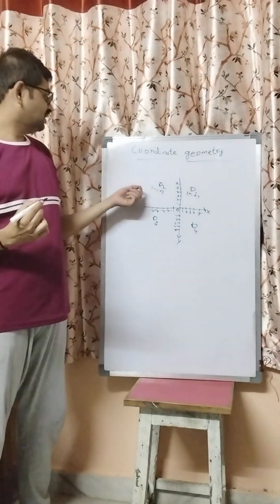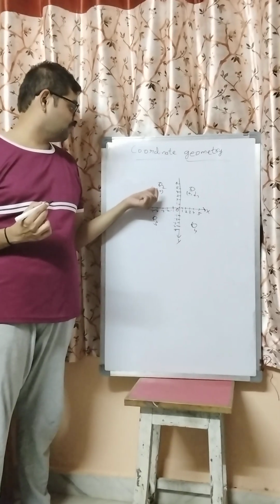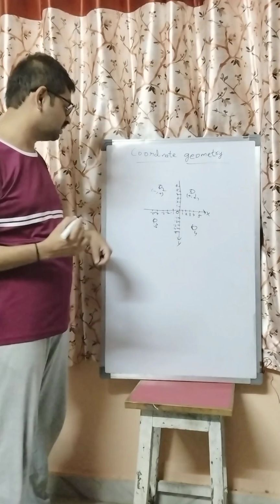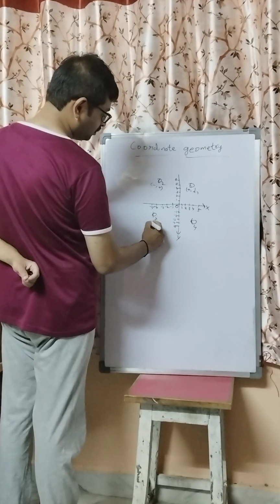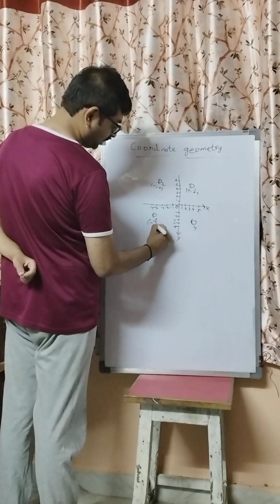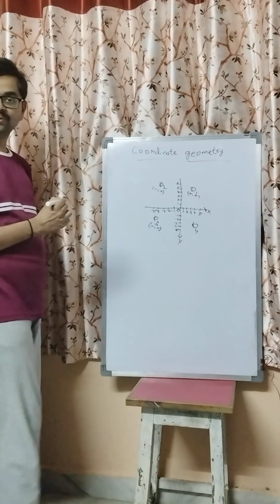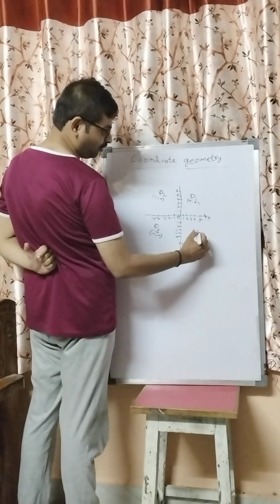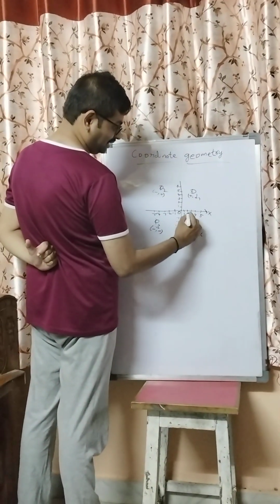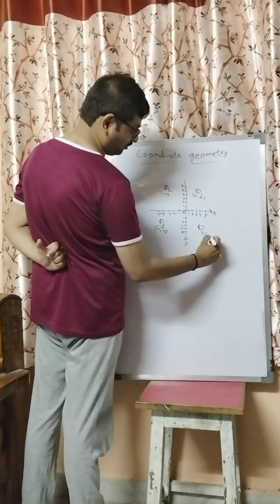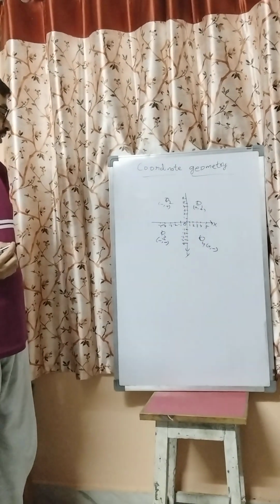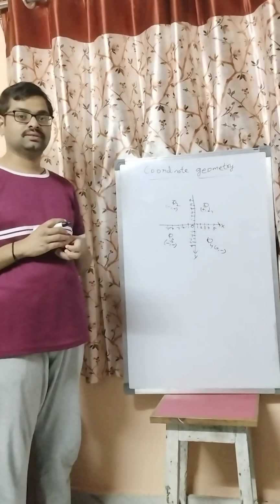When x is negative and y is negative, it lies in the Q3 quadrant. Q4 quadrant is nothing but where x is positive and y is negative. The point lies in the Q4 quadrant.